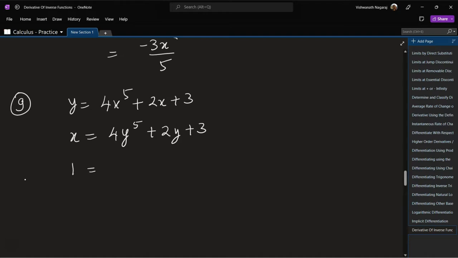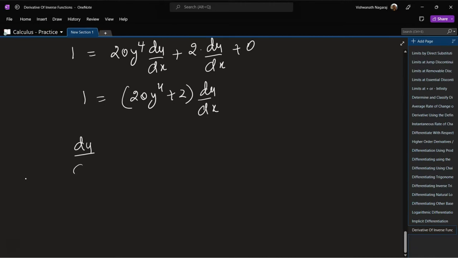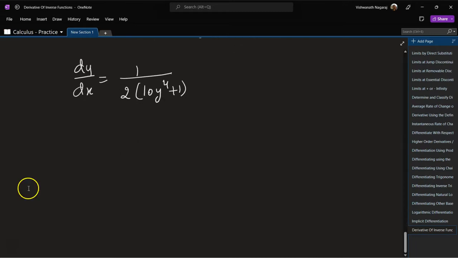X derivative is 1, 20y to the power of 4 dy by dx plus 2 times dy by dx plus 0. So we get 1 is equal to 20y to the power of 4 plus 2 dy by dx, which means dy by dx is equal to 1 by 2 is common, so we can take it out, 10y to the power of 4 plus 1.